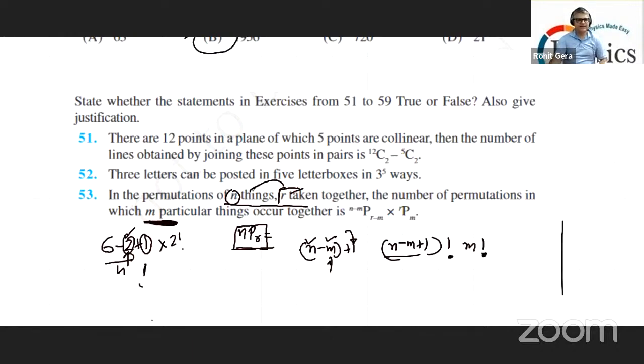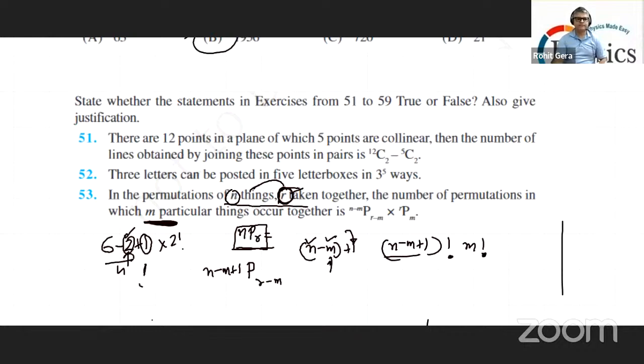But these are being selected out of R. So N minus M plus 1, you have to select out of these how many? R minus M plus 1.